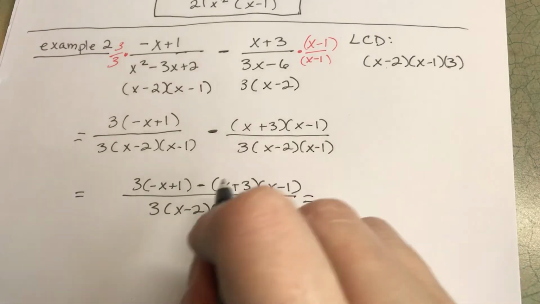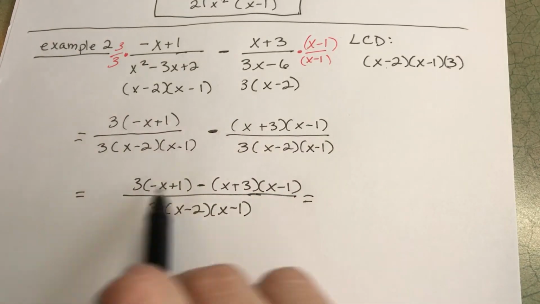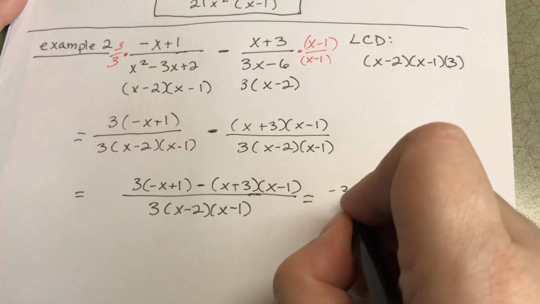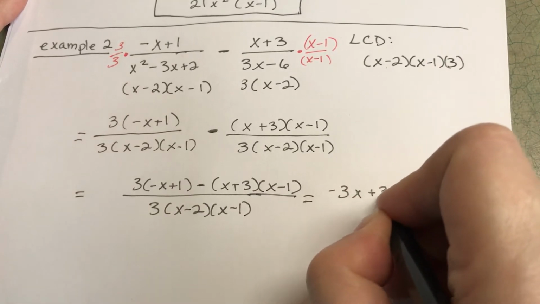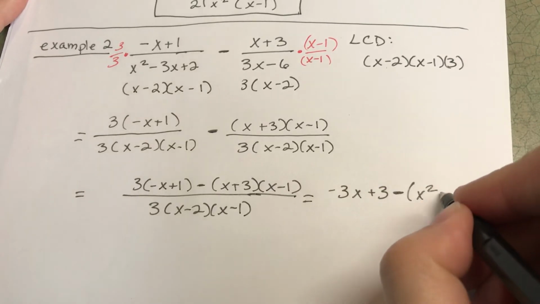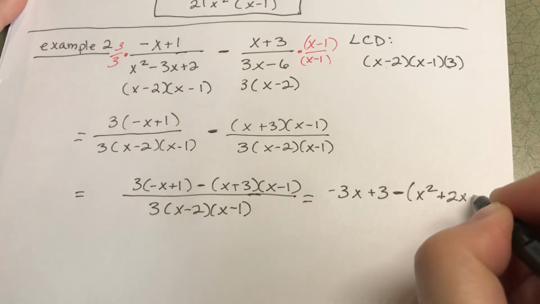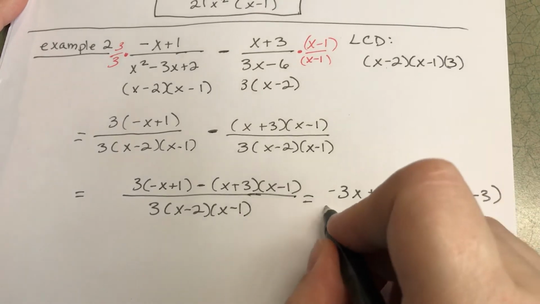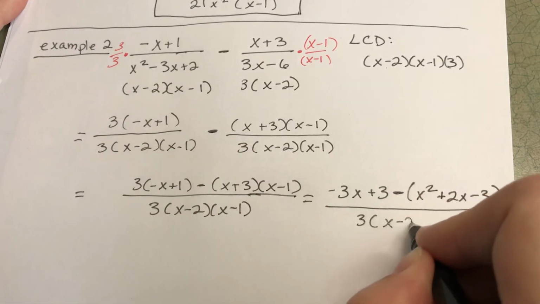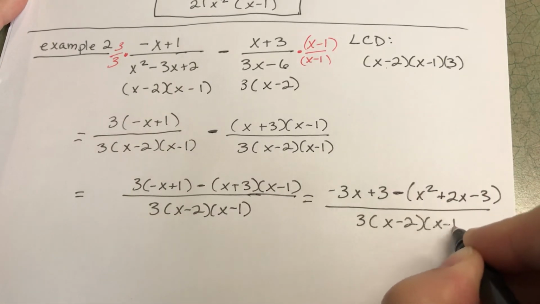Okay, and then I want to multiply this all out, expand it. So this is negative 3x plus 3 minus x squared plus 2x minus 3, divided by 3 times x minus 2 times x minus 1.